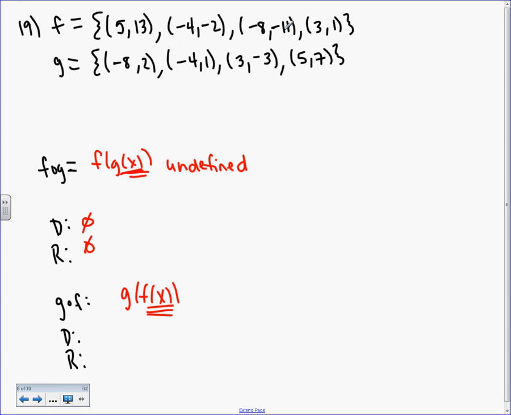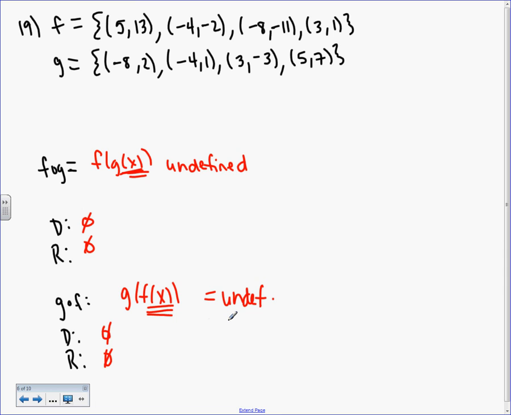Negative 8 gives me negative 11. Any of those have negative 11 as the x value in the g function? It's a lot of letters, but I think you understood me. 3 gives me positive 1. Anything? Nope. So undefined again. That's not a rule, by the way. One can be undefined and the other one doesn't have to be. That just happened here. So no and no.